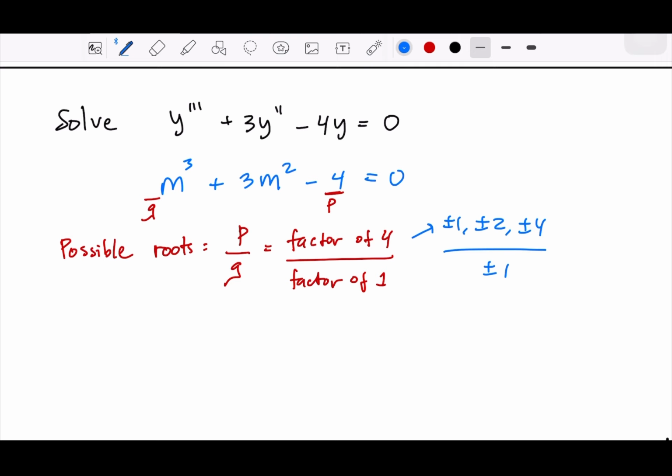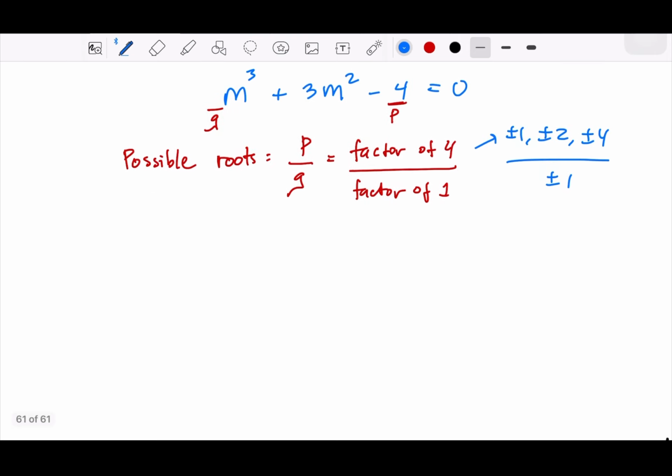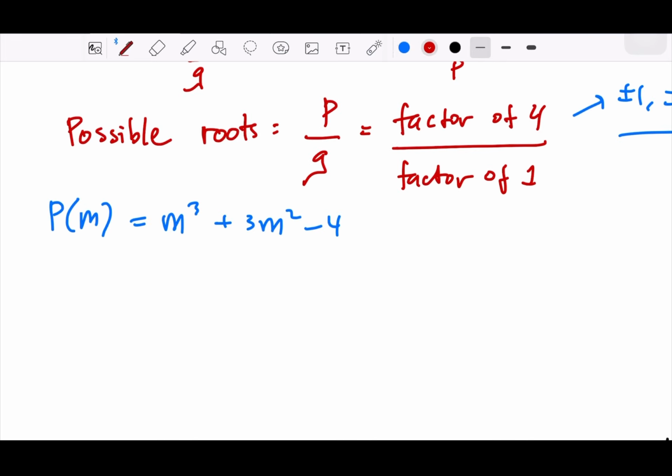But let's say Descartes' rule is that if we have a polynomial, the rule is just to mention that if we have the signs like this, a change of signs, we are going to have one positive root, and we can check the other way around for negative m.